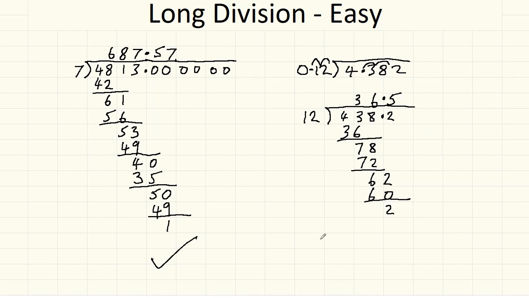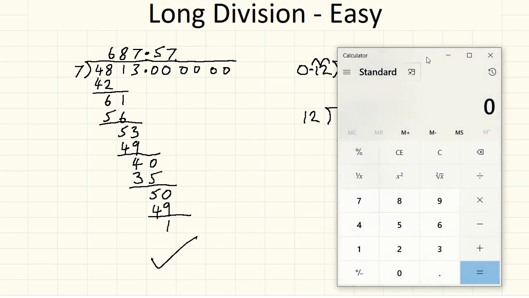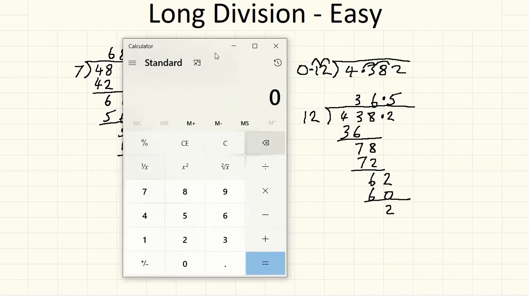Okay, let's just check that on the calculator. We have 4.382 divided by 0.12, 36.5. 36.5. So that's good. Another correct answer.